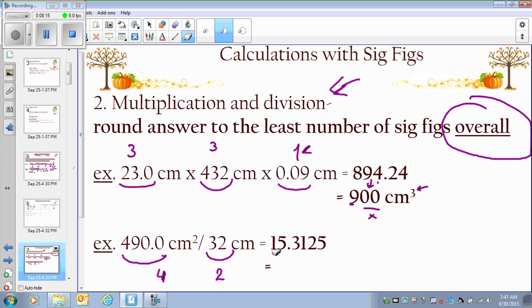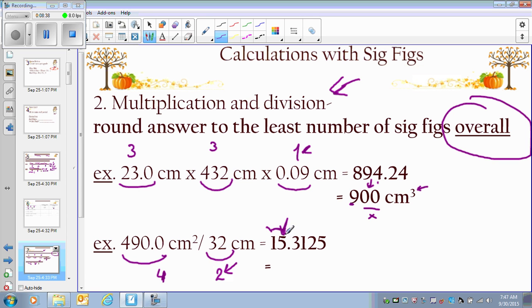So after learning this rule, I only want to see one answer from everybody, because you're following the rule, and the rule is to go by the least number of digits in the data. Between 4 and 2, the 2 is the least. So this is my 2. 1, 2. That means my answer should not go beyond this number.